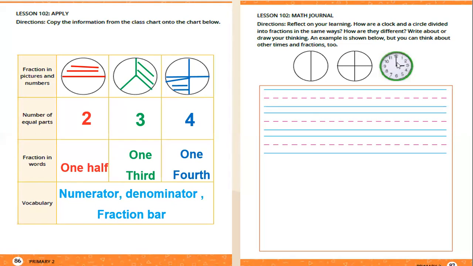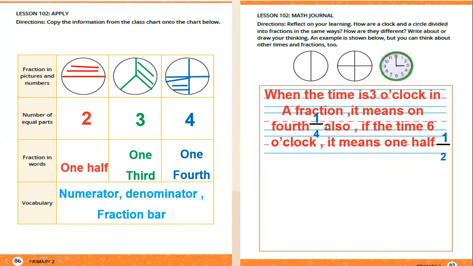If the clock is at 3 o'clock, it can form a fraction, which is 1/4. And if it's at 6 o'clock, if the short hand points to 6, it will divide the clock into 2 equal parts, and each part is 1/2.